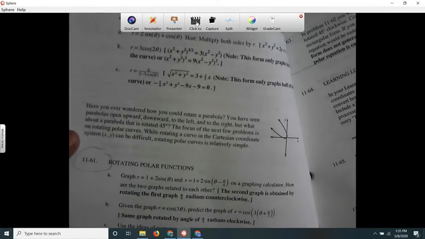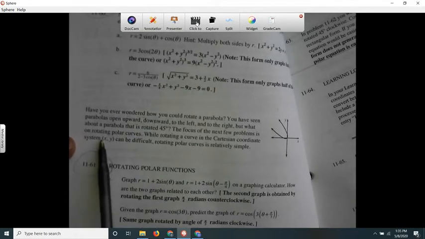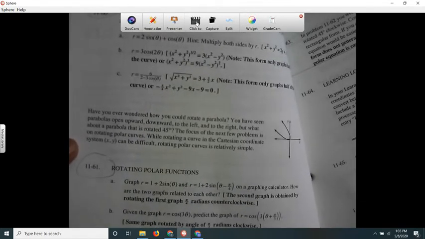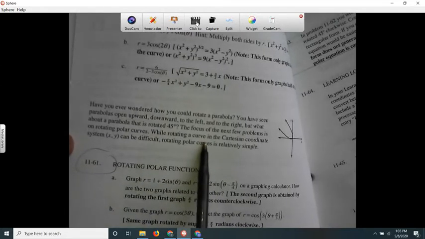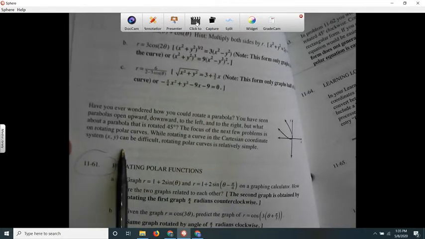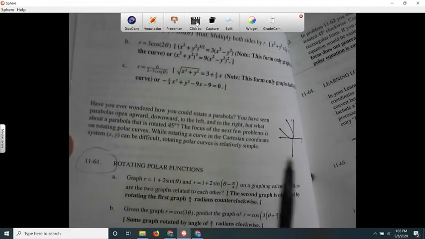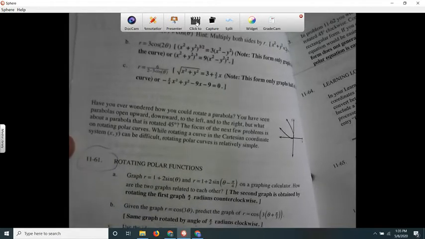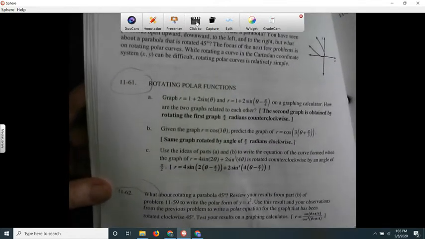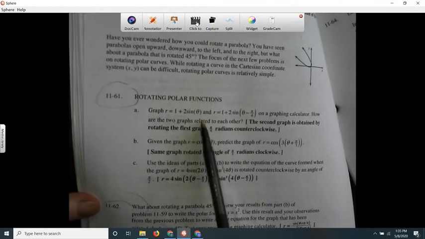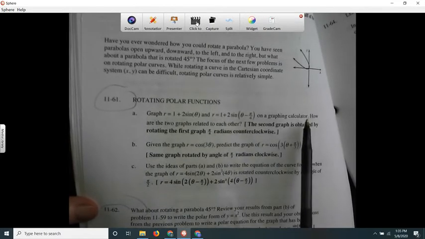The focus of the next few problems is on rotating polar curves, and you will probably see this in your homework. While rotating a curve in the Cartesian coordinate system can be difficult, rotating polar curves is relatively simple. So on 11-61, it wants us to graph both of these on a graphing calculator.